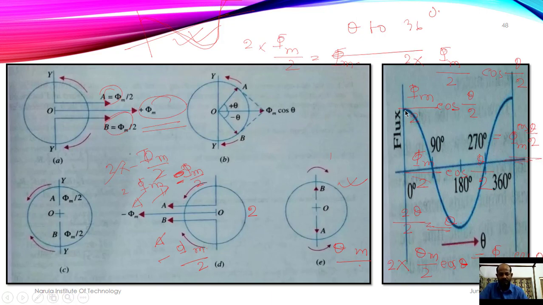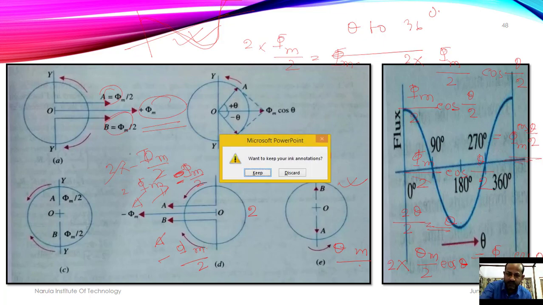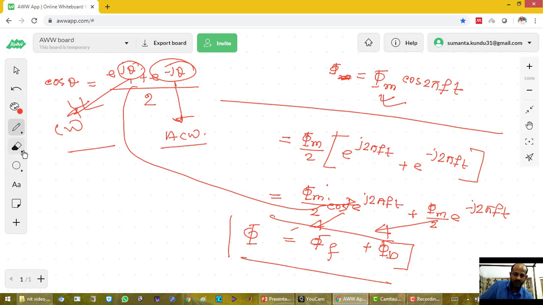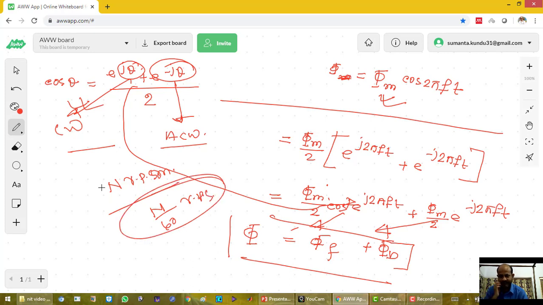Now suppose we know the rotor is rotating at a speed of n rpm, that means n by 60 rps, right? It is the rotating speed of the rotor. So the forward slip is suppose s.